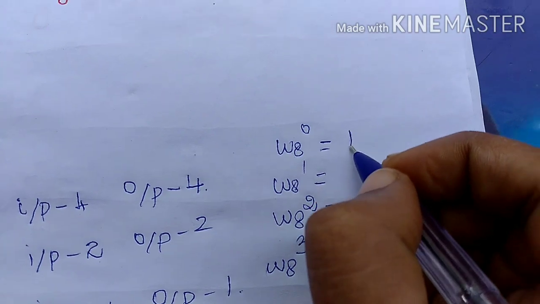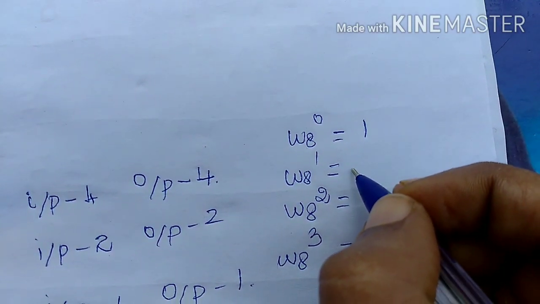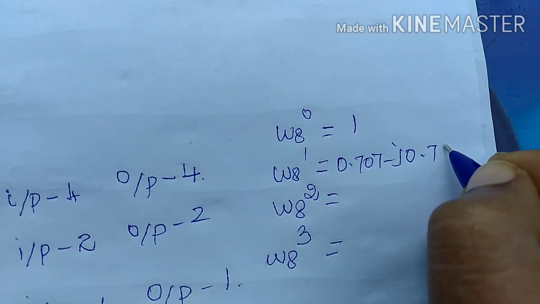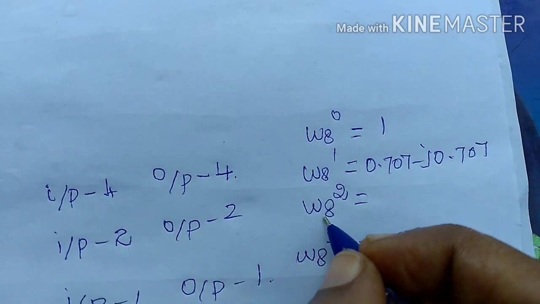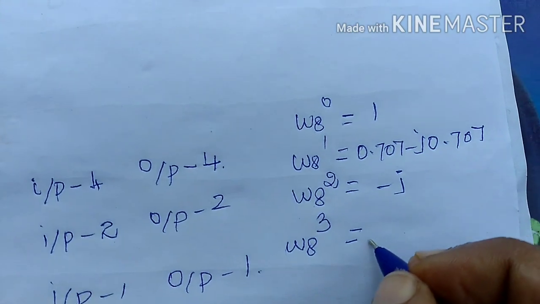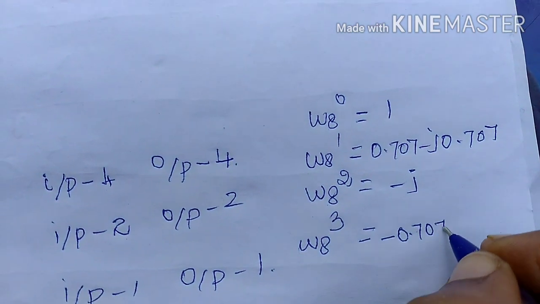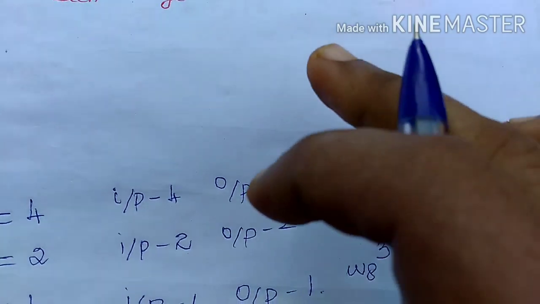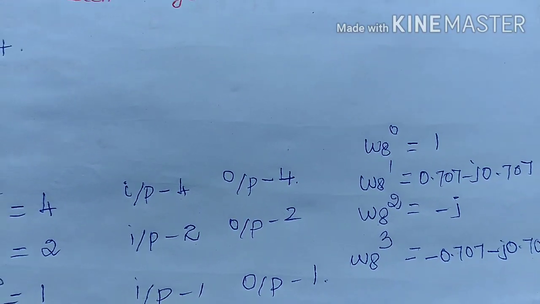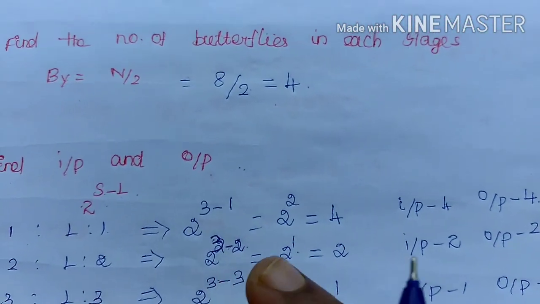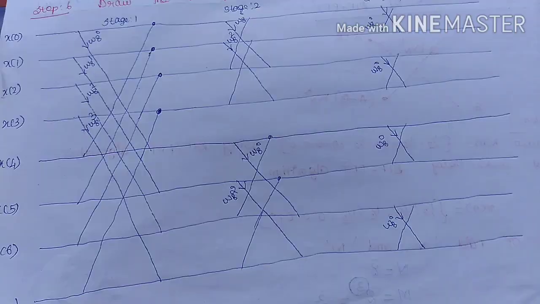W8 power 0 means 1, W8 power 1 means 0.707 minus j 0.707, W8 power 2 means minus j, W8 power 3 means minus 0.707 minus j 0.707. Okay, these are the 4 external inputs. We are using them as input of step number 5. Okay, then we go for step number 6.